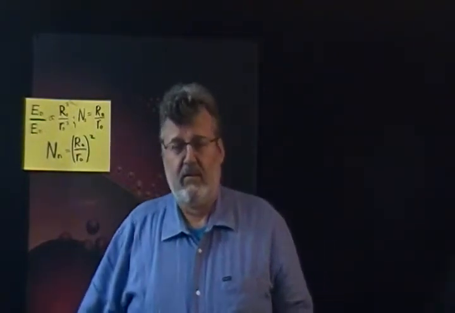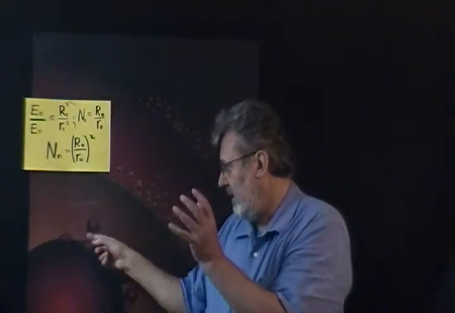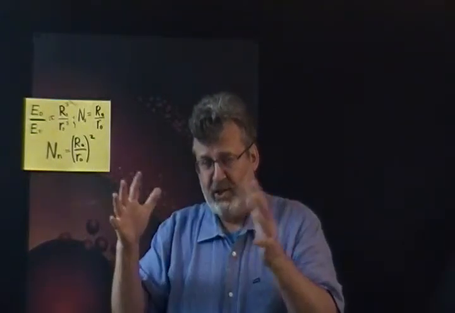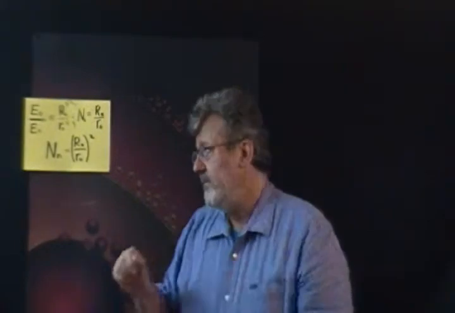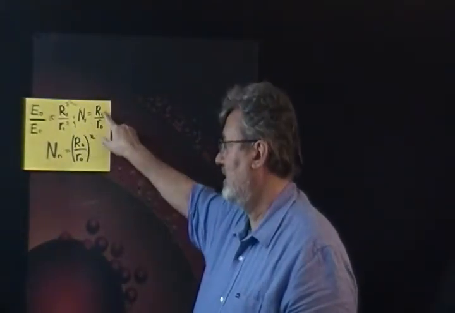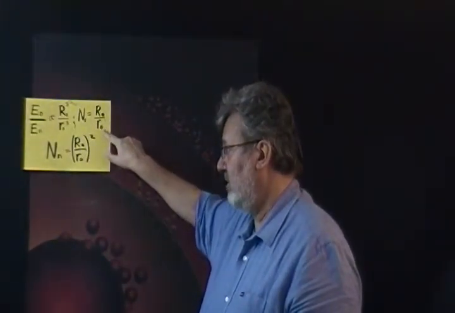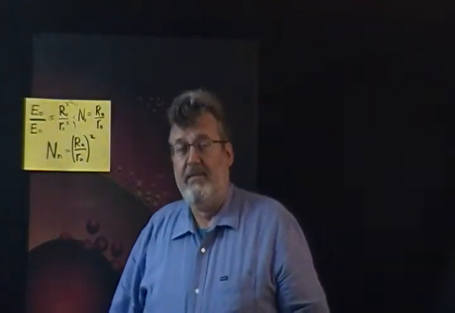However, remember these little particles actually have shells, and each shell contains the same amount of energy as a core. So the number of these shells is big R0 over little r0. That's how many shells in a single atom.